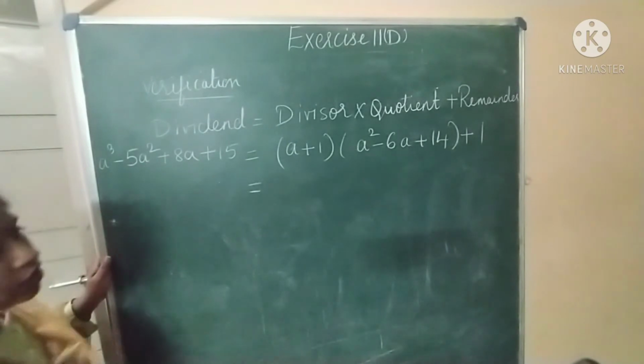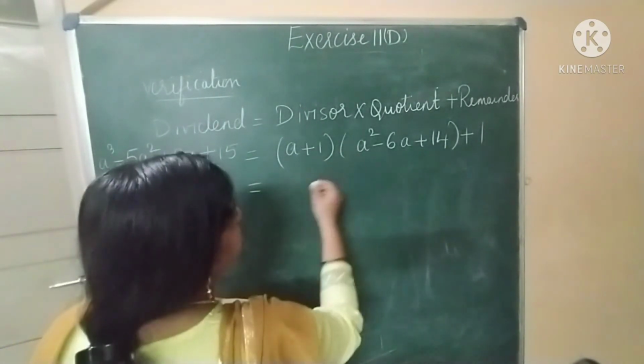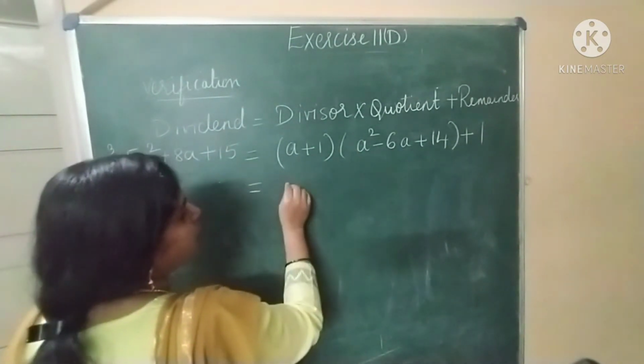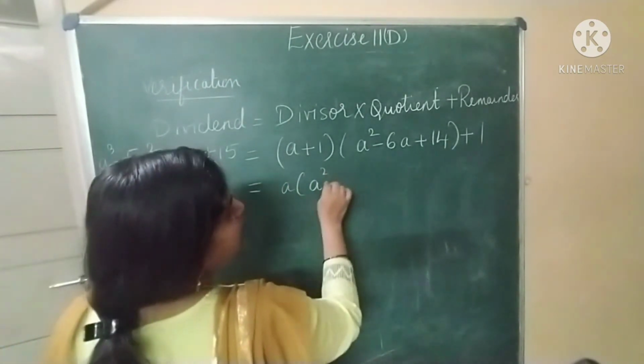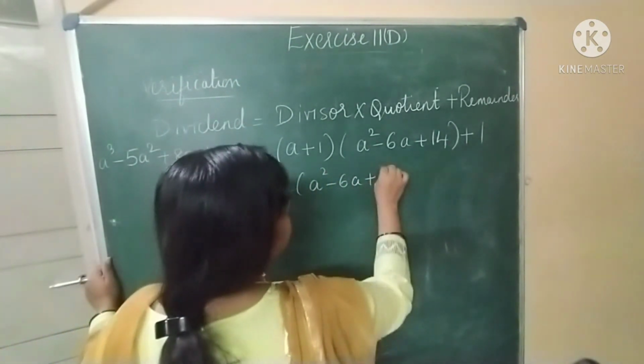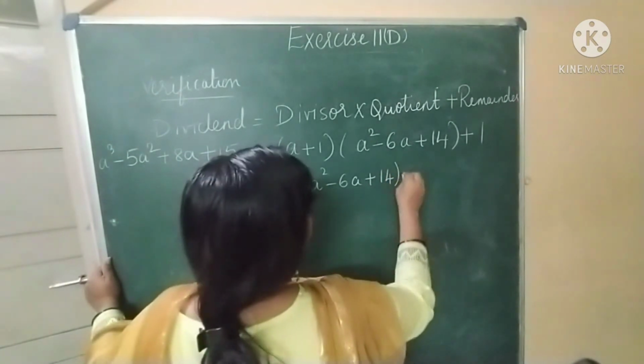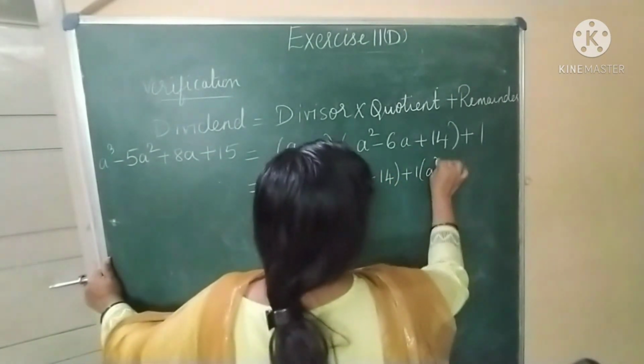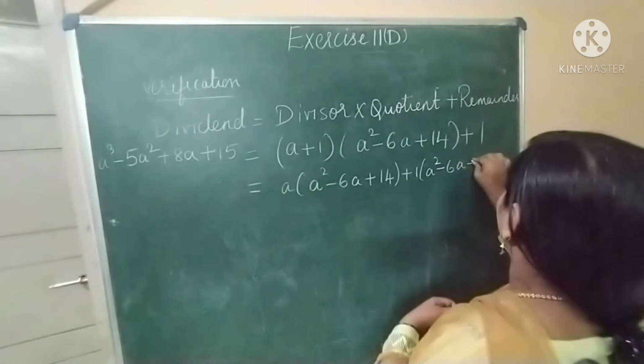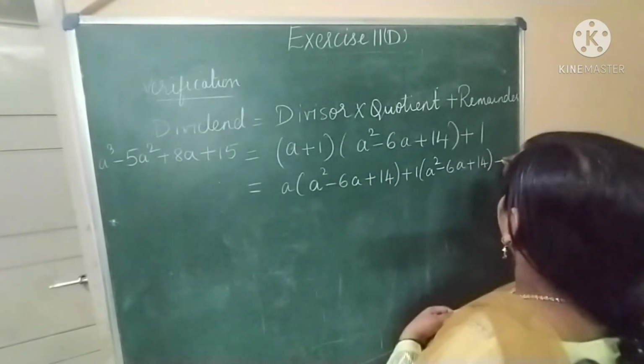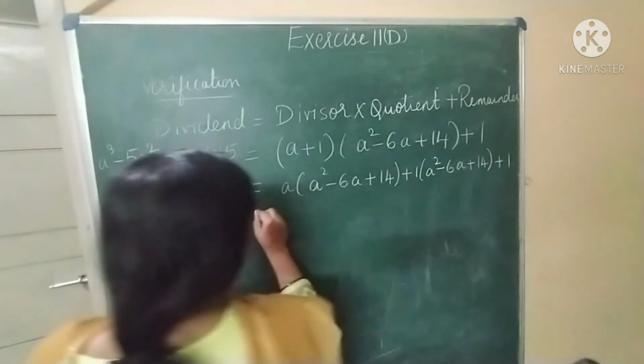So for this, you can simplify, you just multiply this binomial with the trinomial. So a into a square minus 6a plus 14, plus 1 into a square minus 6a plus 14, and then plus 1. So here, simplify further.